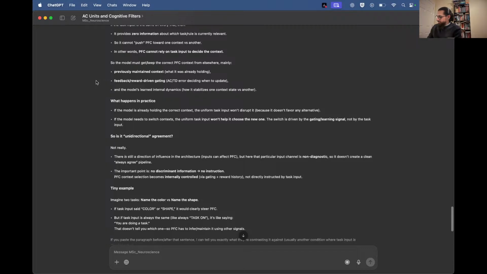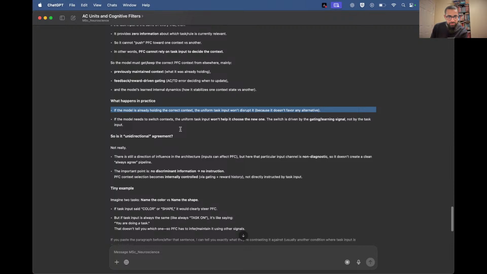So the model must get or keep the correct prefrontal context from elsewhere, mainly: previously maintained context, what it was already holding; feedback, reward-driven gating, the TD error, deciding when to update; and the model's learned internal dynamics, how it stabilizes one context state versus another. What happens in practice if the model is already holding the correct context?